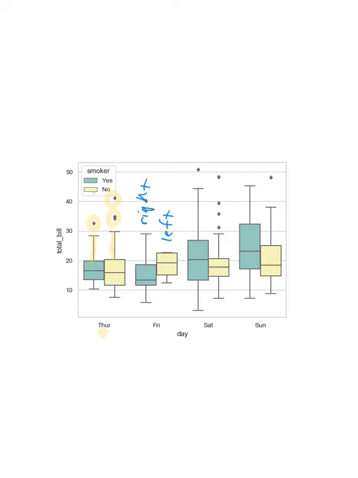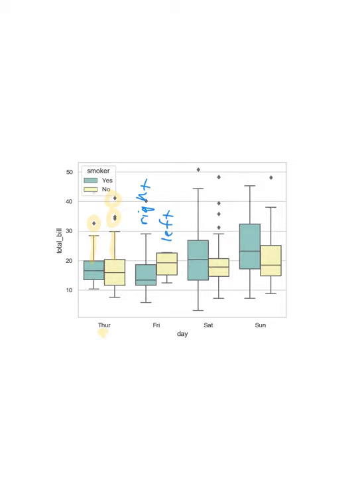So on Friday, if you were a waiter or waitress, it seems more beneficial to be serving non-smokers. They seem to be paying more on the higher end compared to the smokers on this particular Friday.